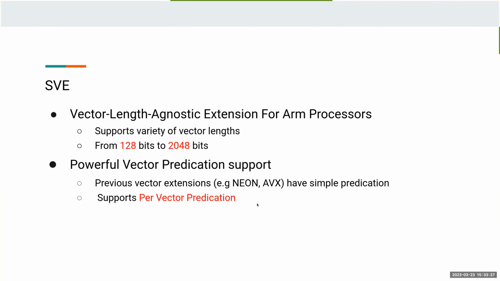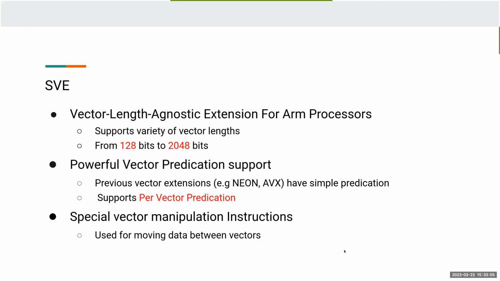But in SVE, we have per vector predication, which means that for every vector of data, we could have a corresponding vector of predicates. And the third good thing about SVE is that it proposes special vector manipulation instructions that are used to move data between the vectors, and they are really fast.